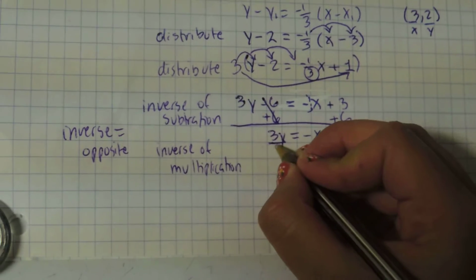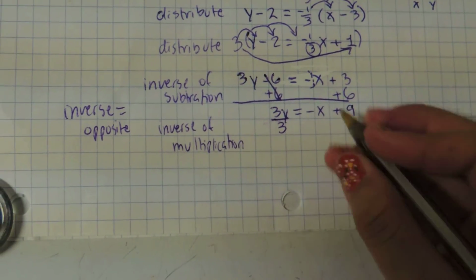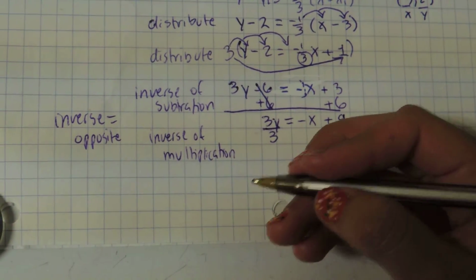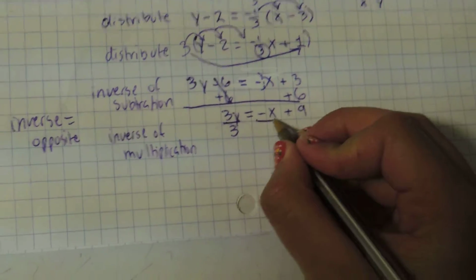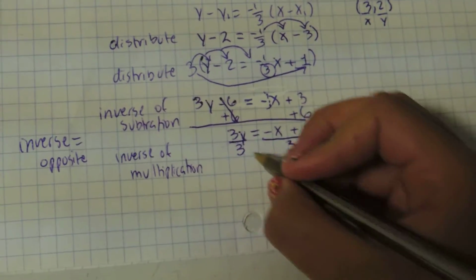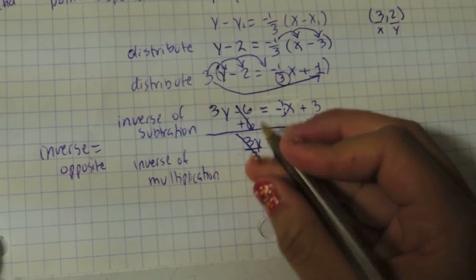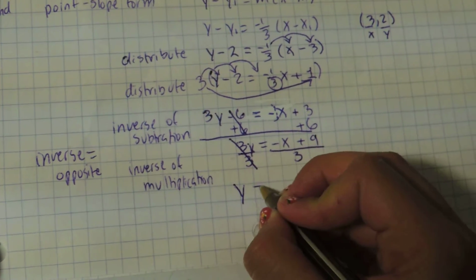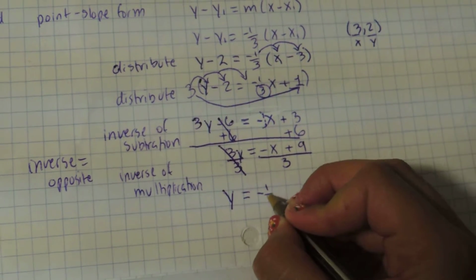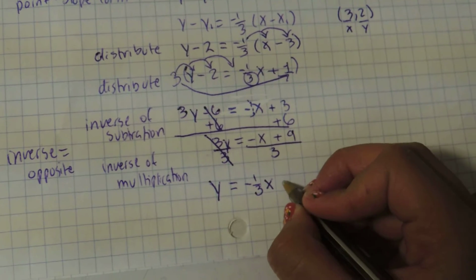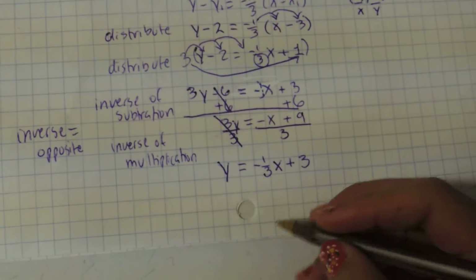So let's divide 3y by 3. And what we do to one side of the equation, we have to do to the other side. So we have to divide this whole thing by 3. These cancel out. So we're left with y equals negative 1/3 x plus 3.